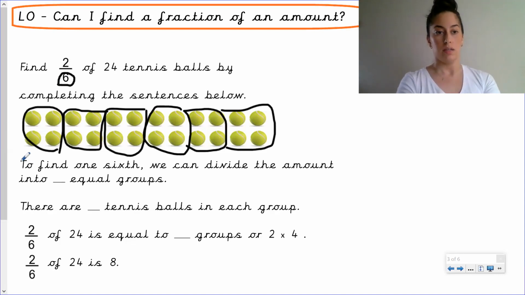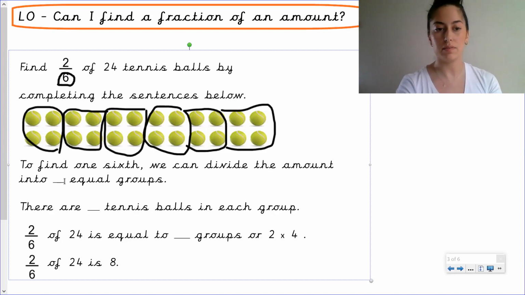So step by step. To find 1/6, we can divide the amount into 6 equal groups, just like we did on the previous slide. There are how many tennis balls in each group? We look at the groups.